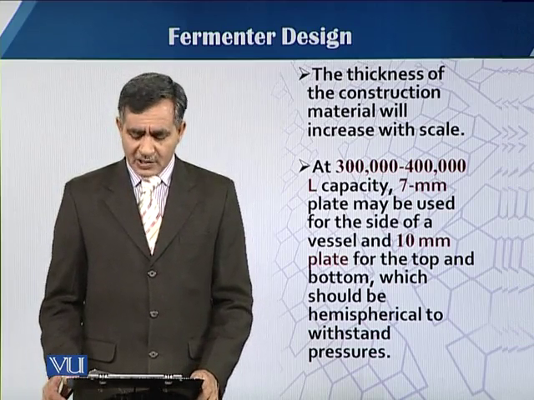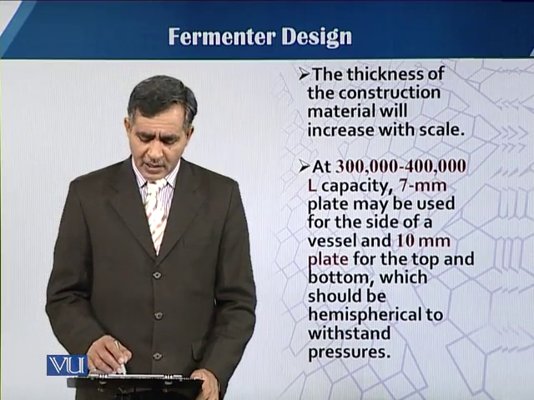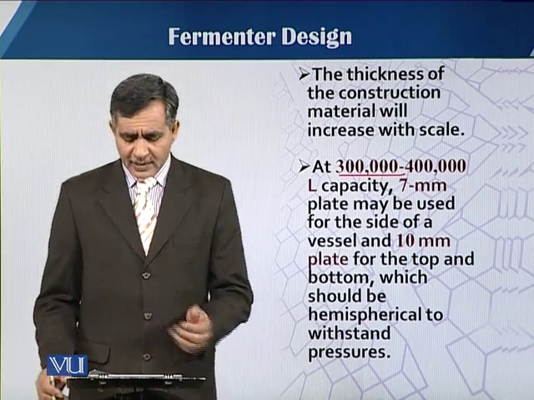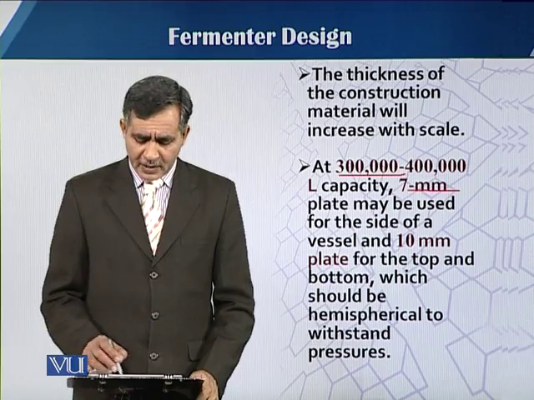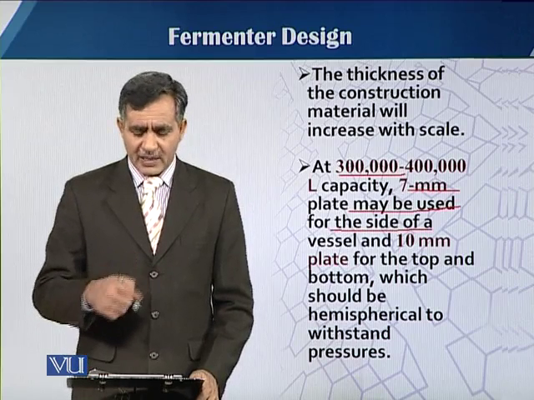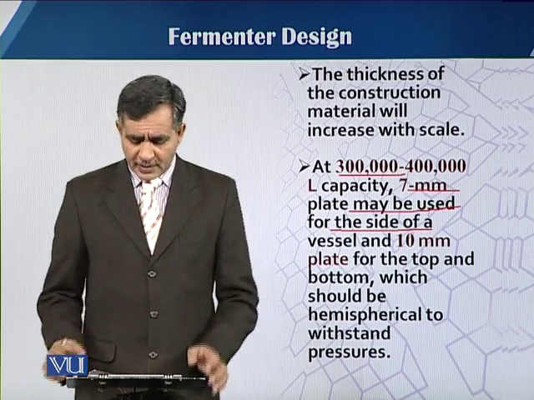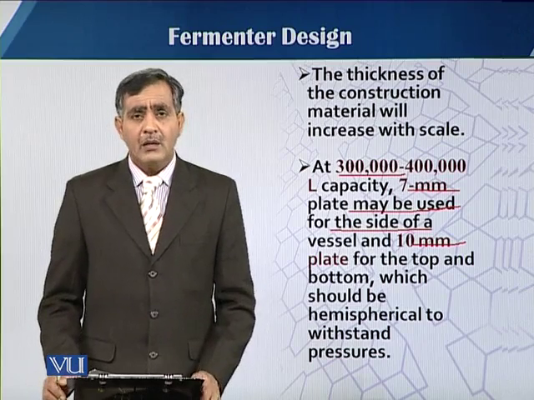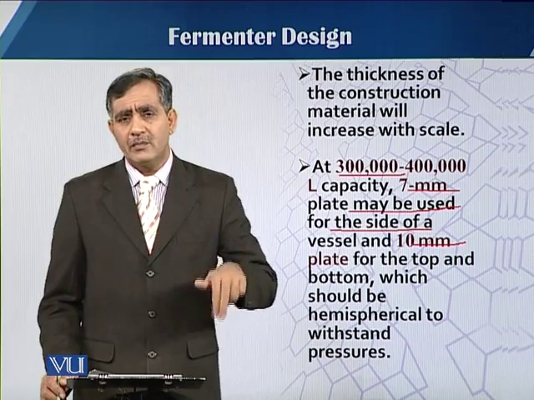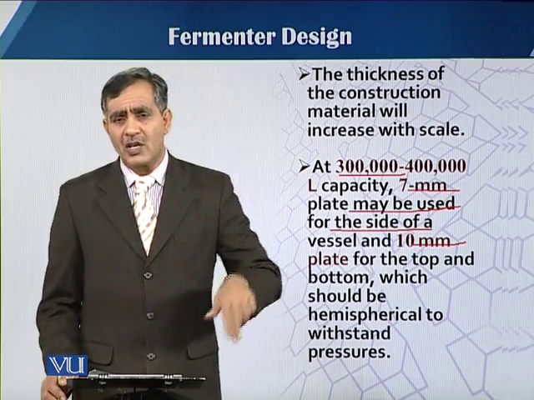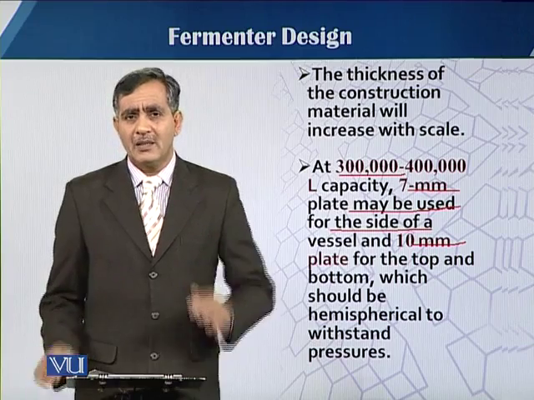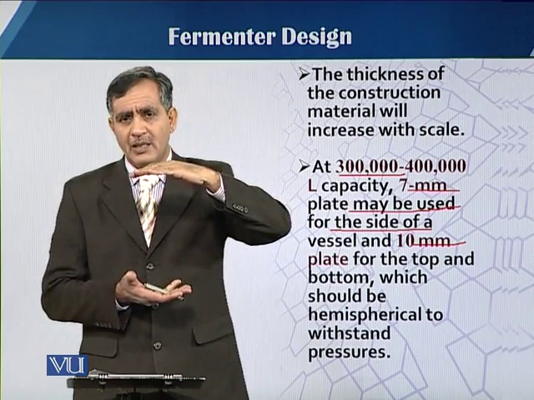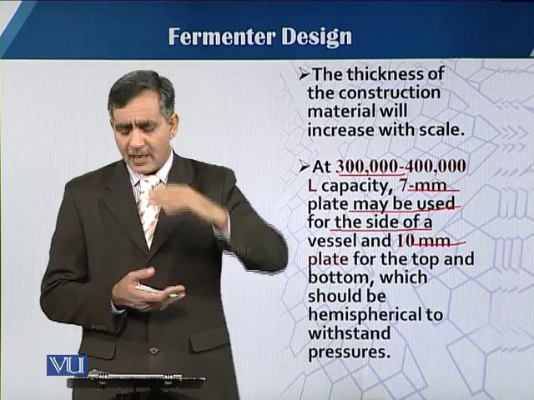As reported in the literature, when we talk about a fermenter having a 3 lakh to 4 lakh liter capacity, a 7 mm plate may be used for the side vessel. But for the top plate, it is 10 mm. So a 7 mm plate is used for constructing the side walls, but the top plate and the bottom plate mostly have a thickness of 10 mm.